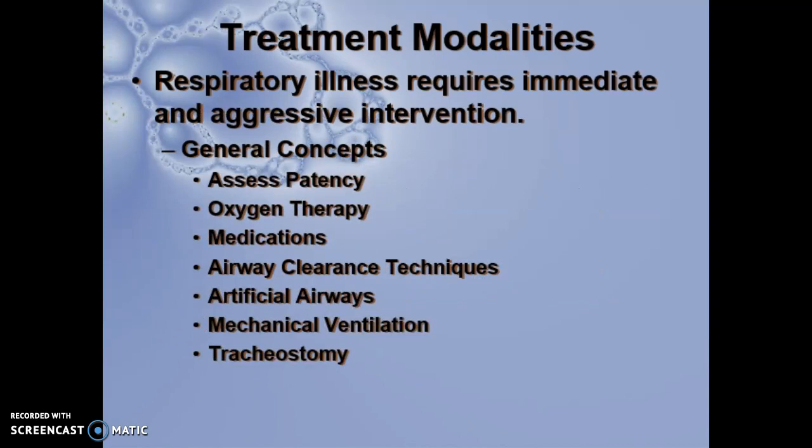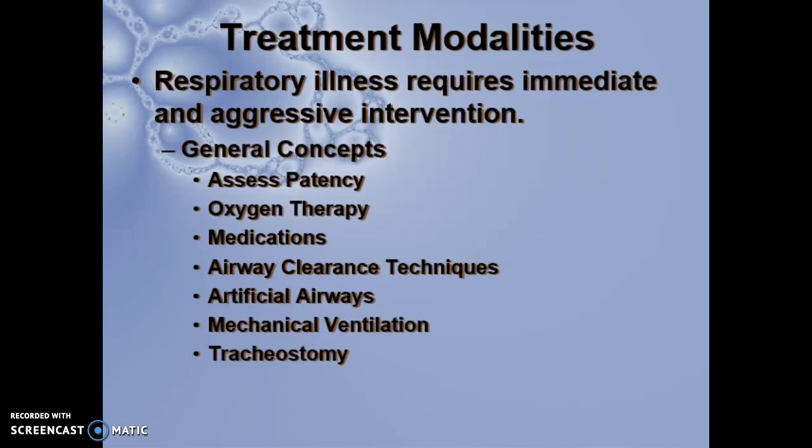Treatment modalities. So again, respiratory illness requires immediate and aggressive intervention. So we're going to make sure their airway is patent. We're going to give them oxygen. We're going to use medications that we're going to talk much more about in detail, but bronchodilators, steroids, hypertonic saline.